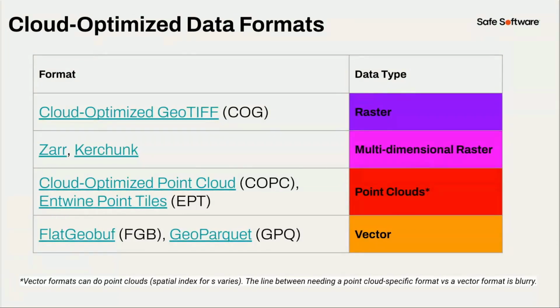Chris gave that great history on it earlier. And if you have multi-dimensional raster, which we'll talk about a bit more in a bit, something like Zarr or Kerchunk is a better fit. Point clouds, so LiDAR data, something like COPC, which Chris also showed a little bit of, so cloud-optimized point cloud. There's also something called Entwine Point Tiles, which is a better fit for cloud point clouds. And then for vector data, so traditional shapefiles and whatnot, FlatGeobuf and GeoParquet are what we recommend currently.